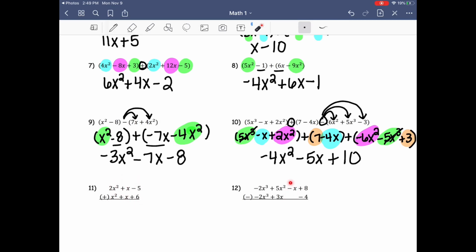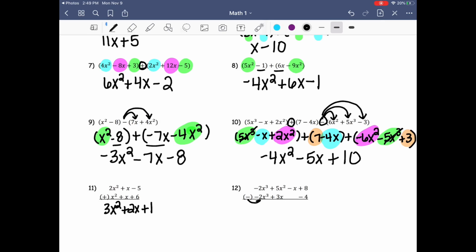My constants are in a column. So like right here, this one is not lined up correctly because I have 5x squared and I have 3x under it. This should be under here. So if I were to add these two up, this would be 3x squared plus 2x and then plus 1.